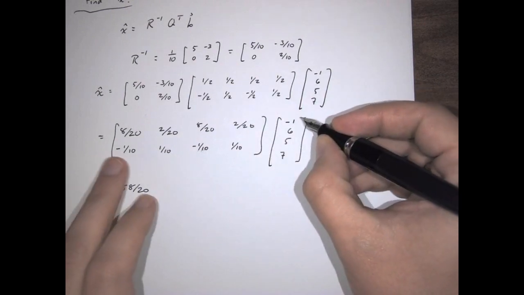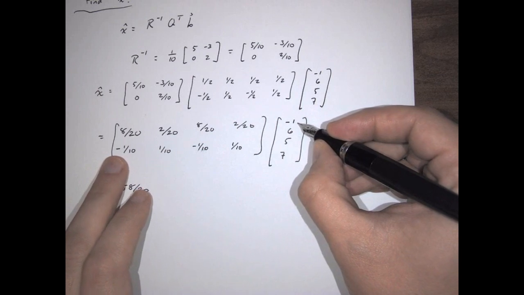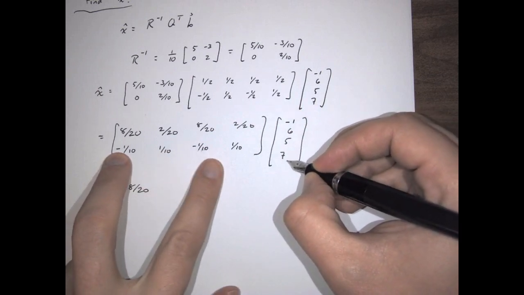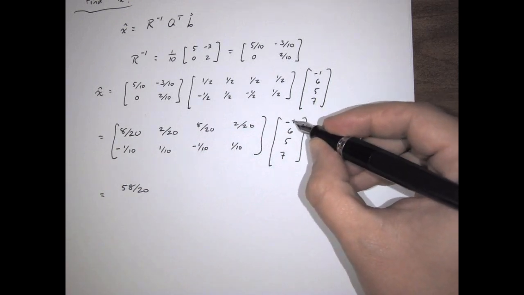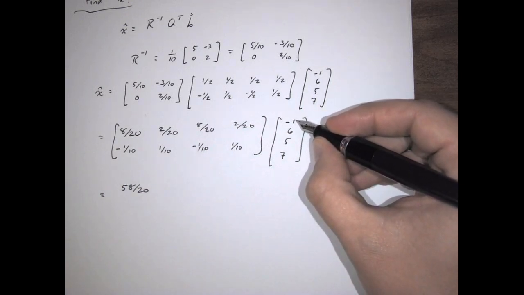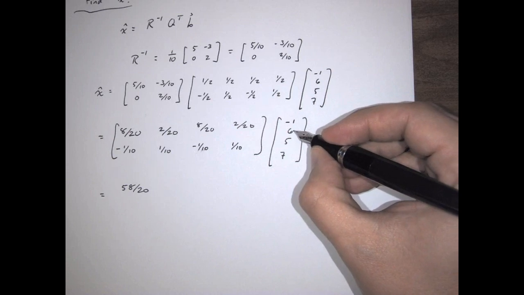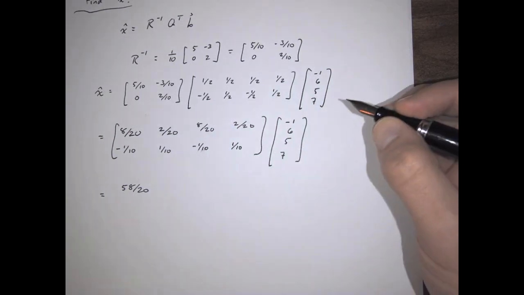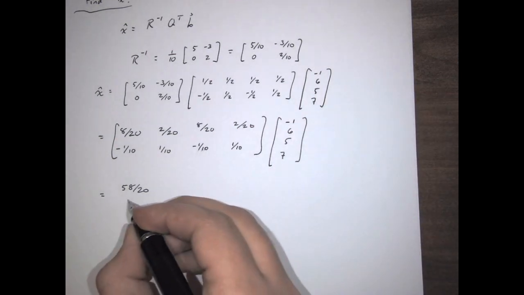And then here we're going to have 1/10, 6/10, minus 5 plus 7. So in other words, it's just going to be 1 plus 6 minus 5 plus 7, and that's going to add up to 9/10.